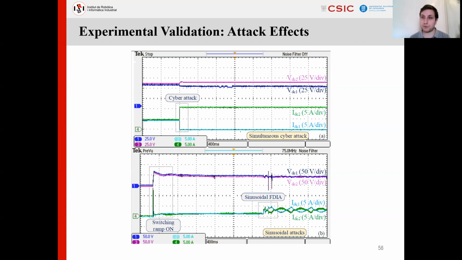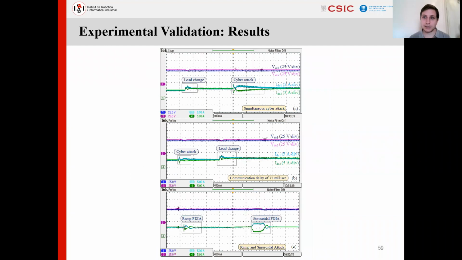And we studied the performance of our algorithm in this system with those cyber attacks. In this slide, the result of 3 experiments is depicted. In the first experiment, what we did is first implement a change in the constant power load of the converters. We see that this change modifies the set point of the system. This is not a problem.